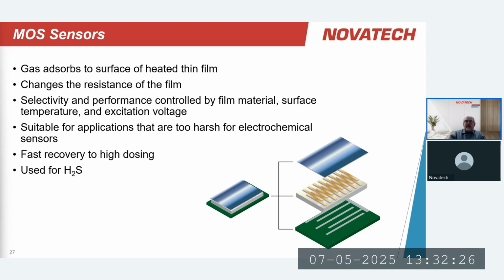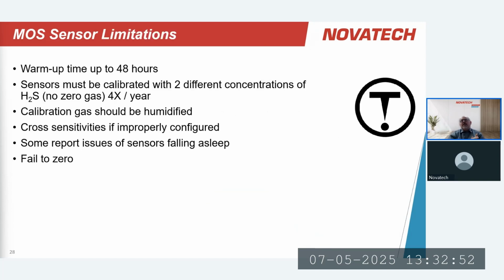The advantage of metal oxide semiconductor sensors over traditional electrochemical sensors is that you don't have a liquid electrolyte present. And therefore, in very dry environments, such as the Middle East, or very cold environments of that nature, they can potentially be a little bit more resistant to some of the effects that the atmosphere can have on the EChem sensors. However, it's not all rosy.